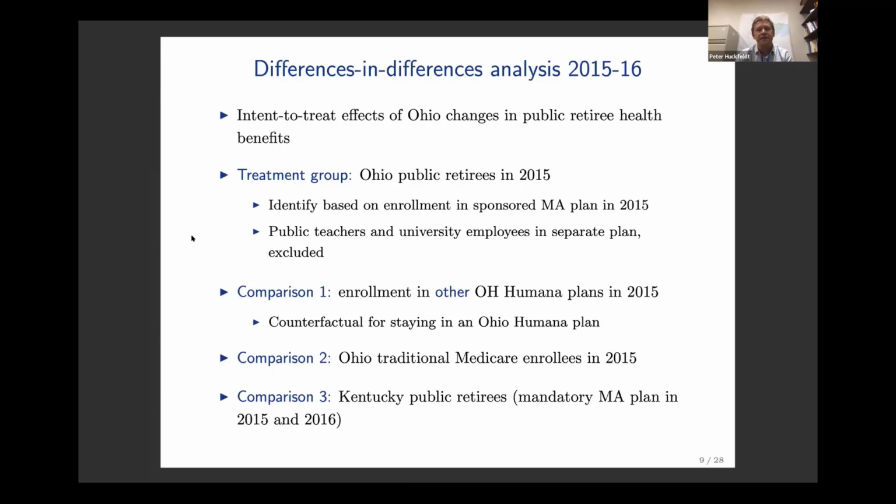This is kind of a reverse difference in difference. We're comparing people who changed from MA to traditional Medicare, the public retirees, to people who are just in traditional Medicare. And then our third comparison group: you might think that public retirees are different from the general population. So we found a neighboring state, Kentucky, and their public retirees were in a mandatory MA plan from 2015 to 2016. So hopefully this is matching public retirees to public retirees, a more apples to apples comparison.